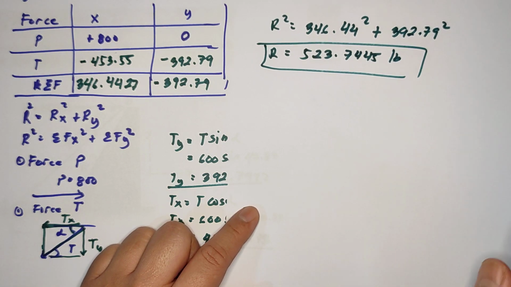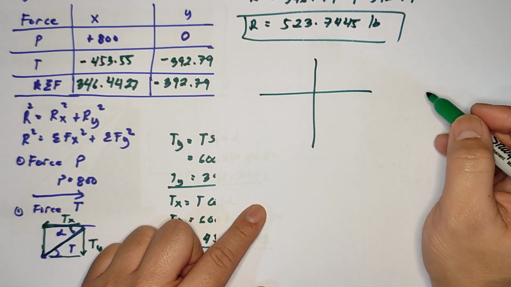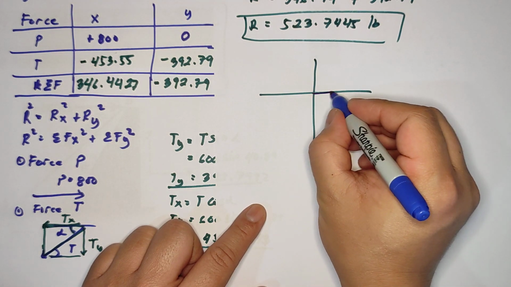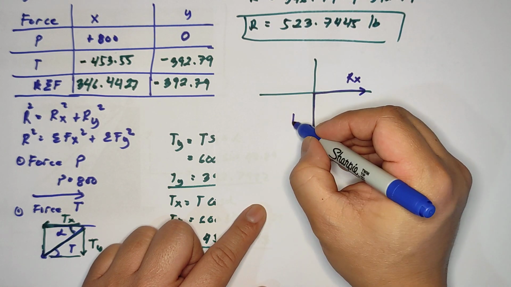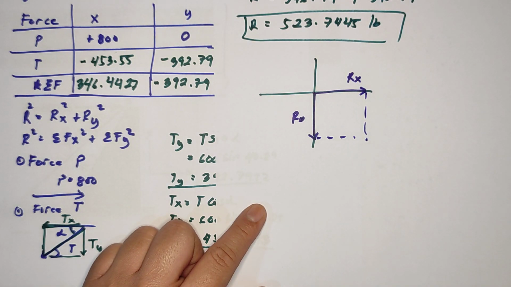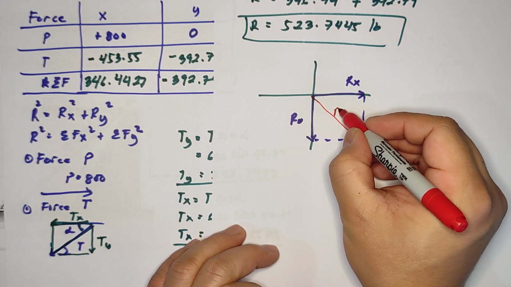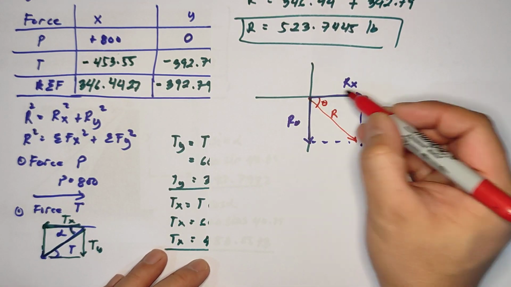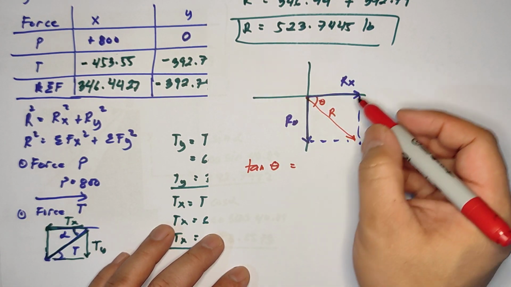You can actually draw the Rx and Ry. Rx is positive, so it's going here. This is Rx, and the other one is negative, so it goes down. This is Ry, and this should be the R, and the magnitude is this one. To compute for theta is simply tangent theta equals opposite over adjacent.